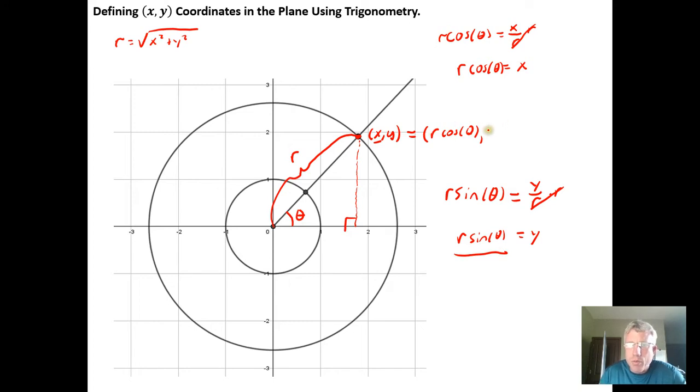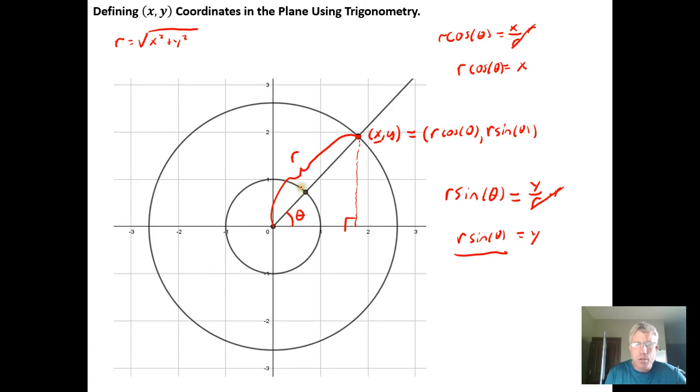So we can always replace x and y with r cosine theta, r sine theta, if we know the angle theta and we know the length r that the point x, y is away from the origin.